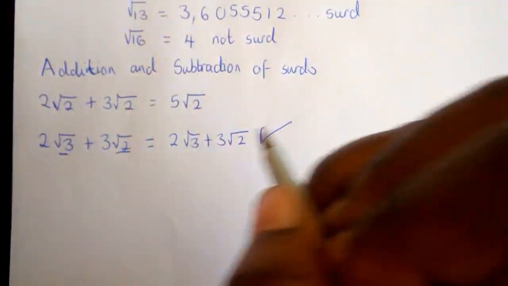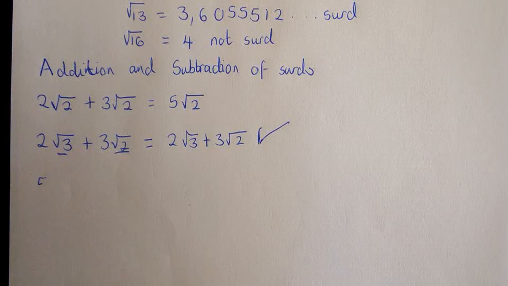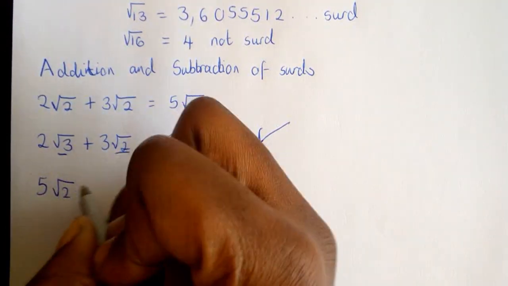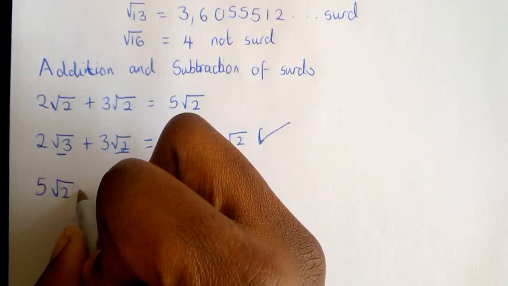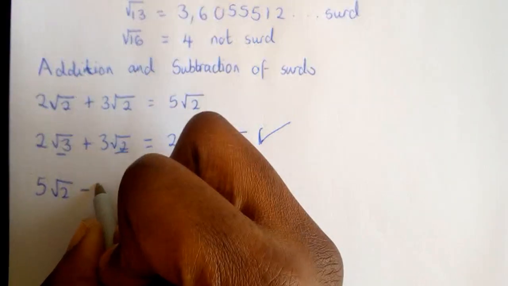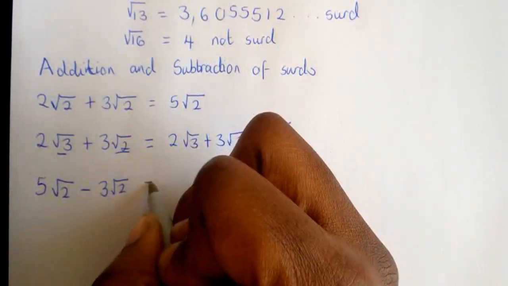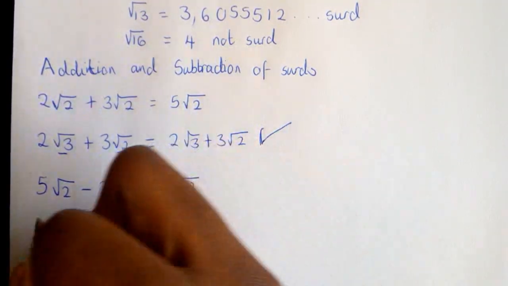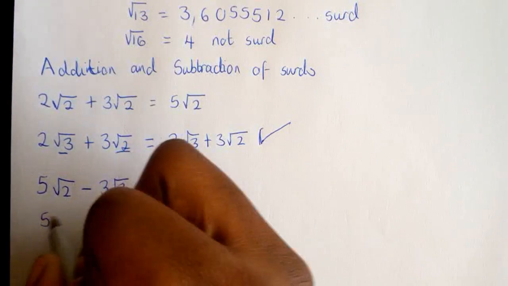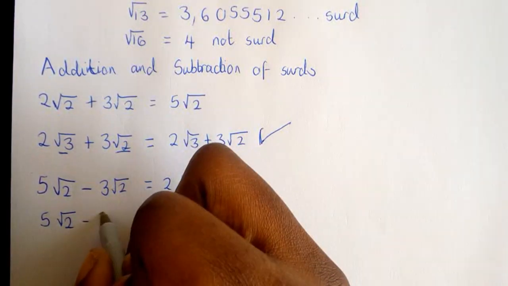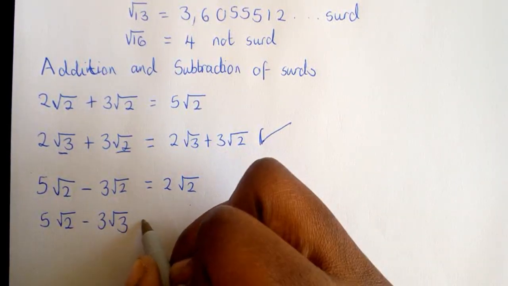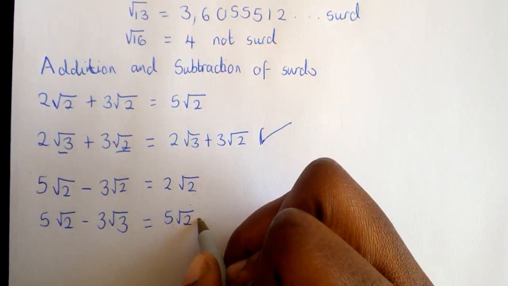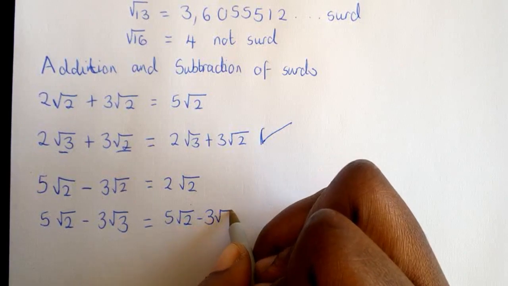Also for subtraction, if we say 5 root 2 minus 3 root 2, this is equal to 2 root 2. But if we say 5 root 2 minus 3 root 3, this is equal to 5 root 2 minus 3 root 3.